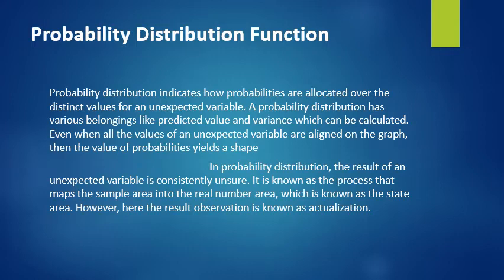Then the value of probability yields shape. In probability distribution, the result of a random variable is constantly ensured. It is known as the process that maps the sample space into the real number space, which is known as the state space. However, here the result observation is known as realization.